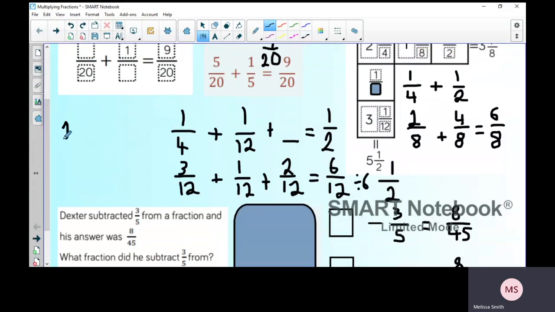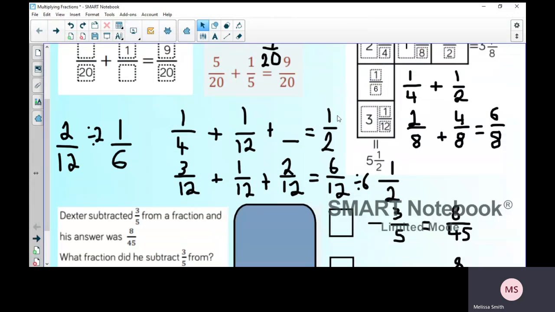So if I have a look, 2/12, what do I need to do to 2 to get it to 1? Well, I need to divide it by 2. 2 divided by 2 is 1. 12 divided by 2 is 6. 2/12 is equivalent to 1/6. And that's how I work out this one here, 1/6.